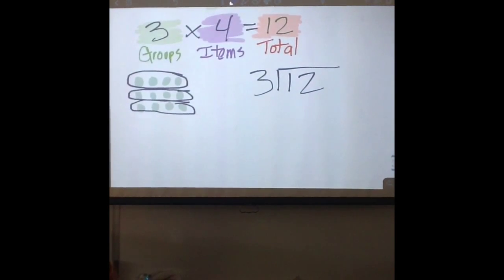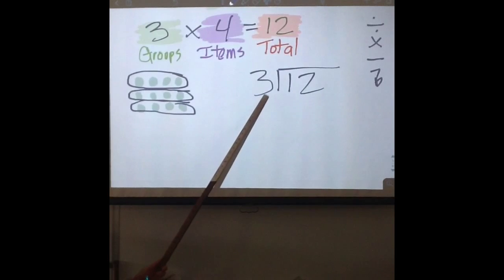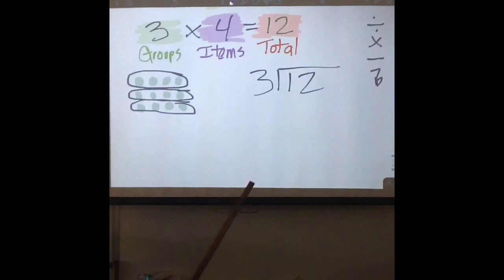Remember our daddy divide, mommy multiply, sister subtract, brother bring down. So now we ask our division question, our daddy question. What's the daddy question? How many 3s are in 1? If we held up one finger, do we have 3? No, we don't. So we have to put a 0 over the top.